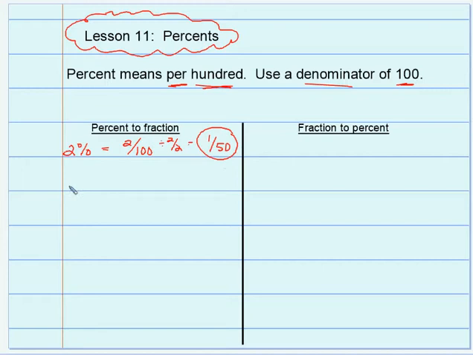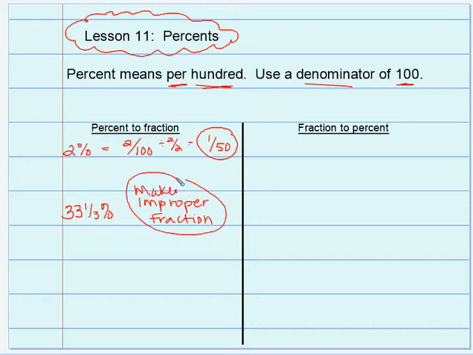Also, sometimes you're going to get a mixed number percent, 33 and 1/3%. First, you have to change that from a mixed number to an improper fraction. 3 times 33 is 99, plus that 1 gives you 100 over 3.